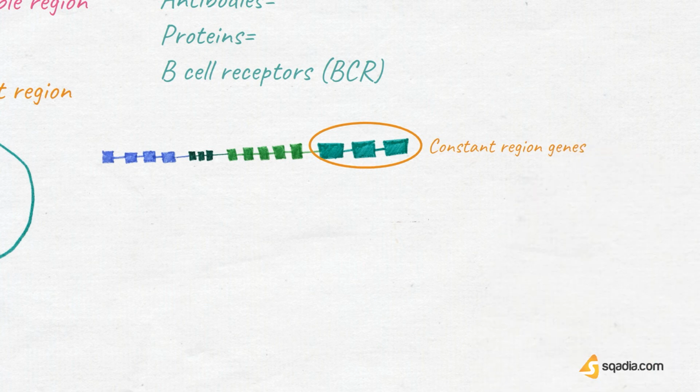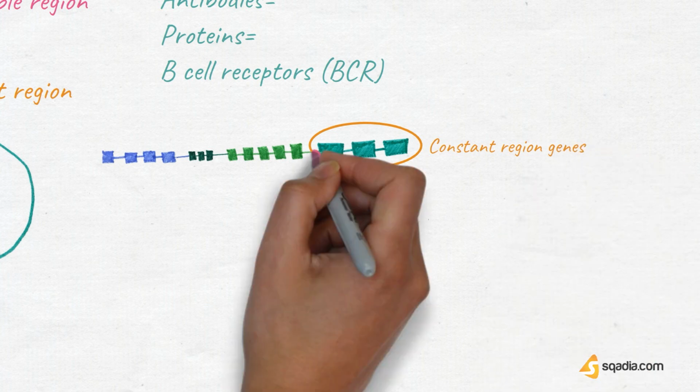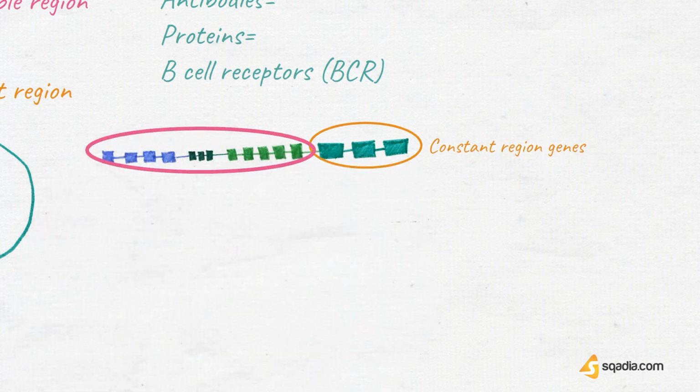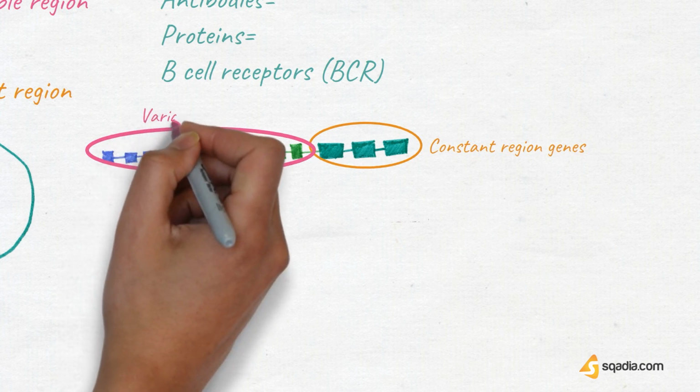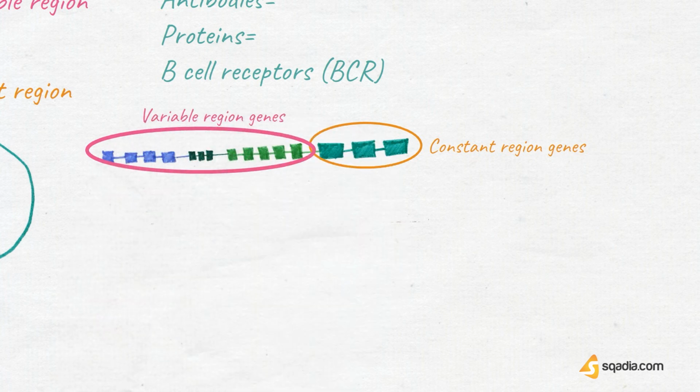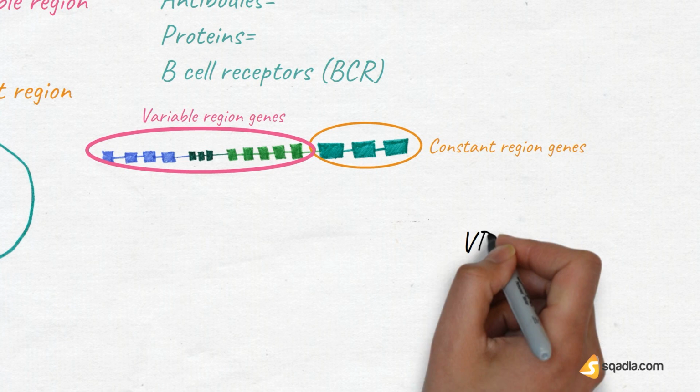They will remain the same through all the stages of B development. The gene segments that code for the variable region of the antibody will be recombined to create the vast diversity of this region. This whole process is called VDJ recombination.